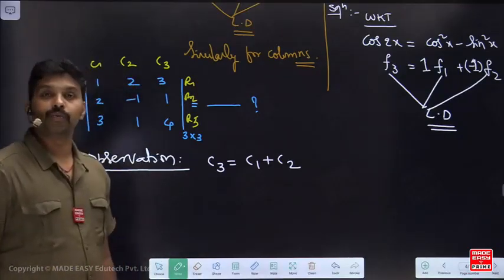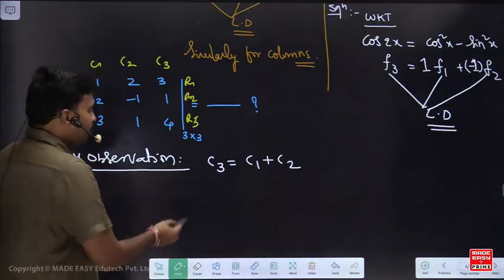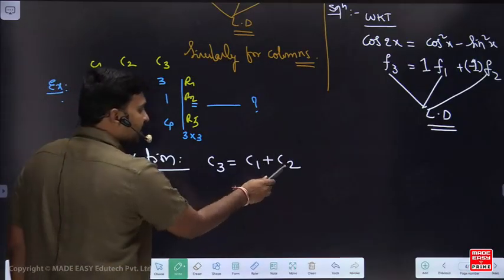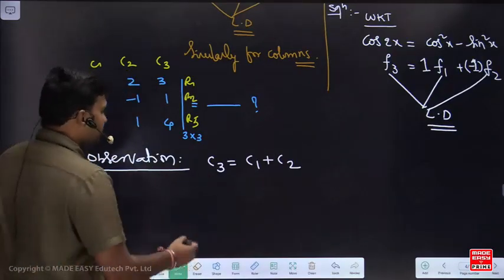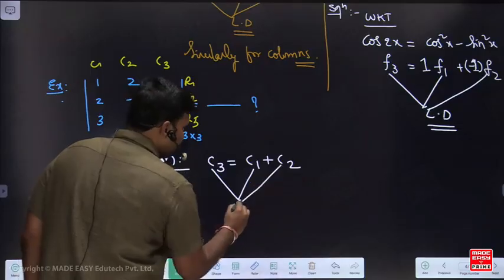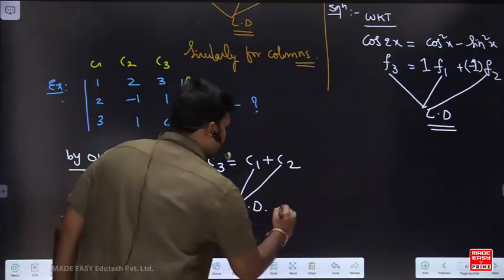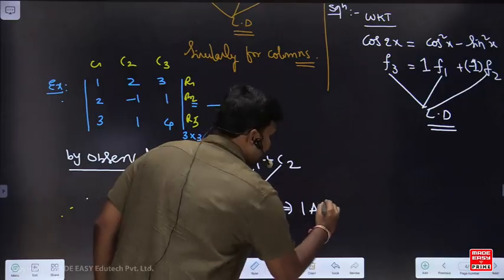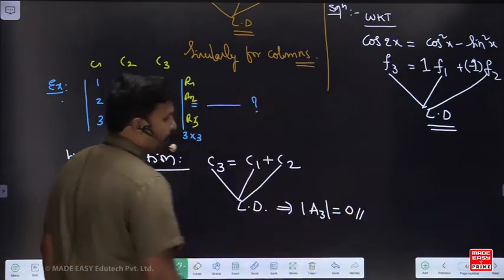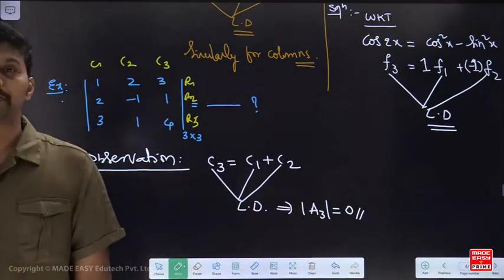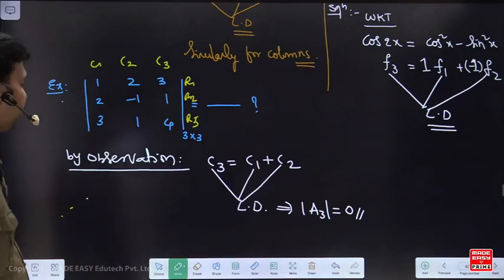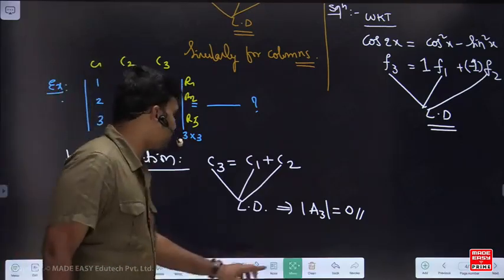C3 is equal to C1 plus C2. So one column is written as a linear combination of other columns. That means C1, C2, C3 are linearly dependent. So therefore, the determinant of this 3 by 3 matrix A is equal to 0. Hope you have understood this question.